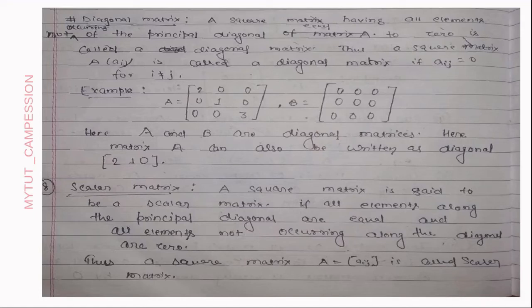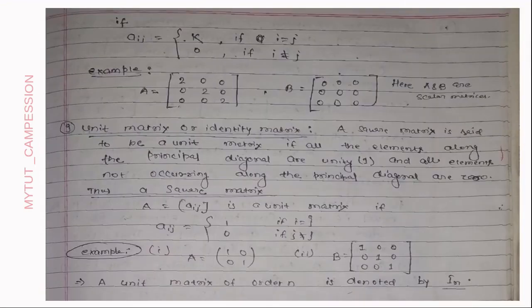Okay, a square matrix Aij is called a scalar matrix if Aij equals k or 0.